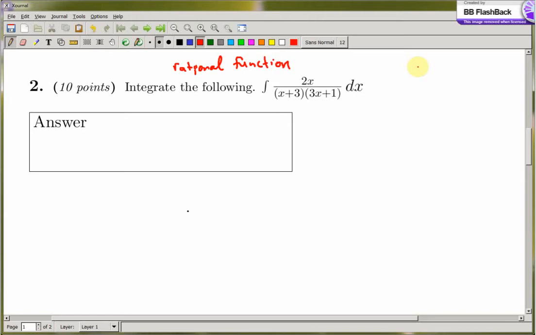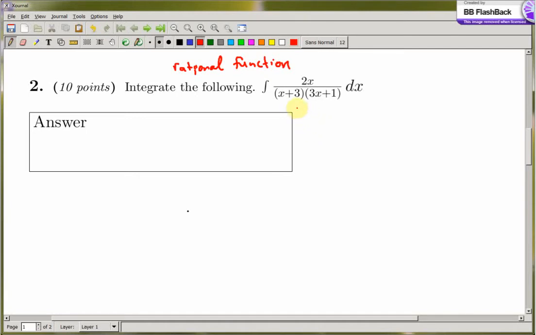Notice that the degree of the polynomial on top is lower than the degree of the polynomial on the bottom. This is x to the first power, degree 1 on top. It's degree 2 on the bottom. If that weren't the case, then you have to do polynomial long division and break the expression up. So it's nice in that way.